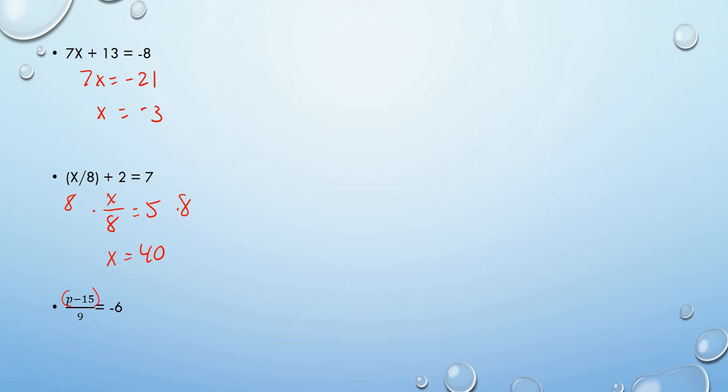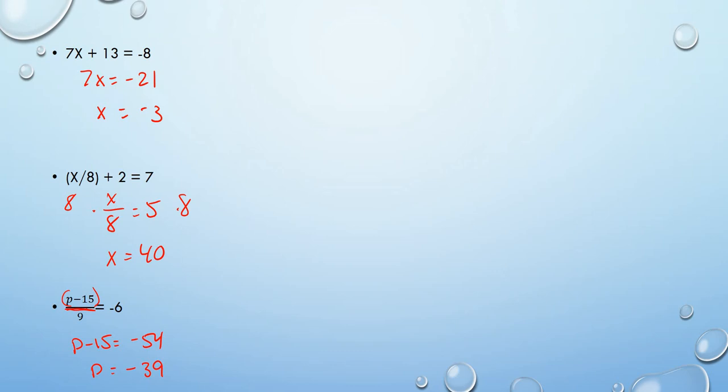Remember, this is a parentheses, so the first thing I'm going to undo here is the division. Multiply both sides by 9, and then add 15. Negative 54 plus 15 is negative 39. Yeah, okay, because we're going to add 15 to it.